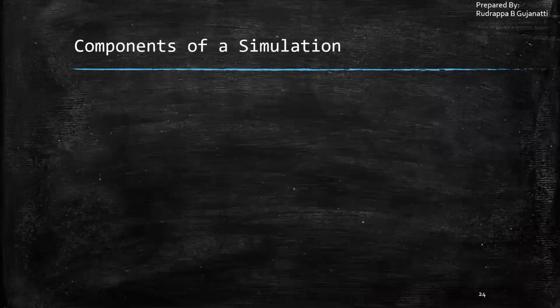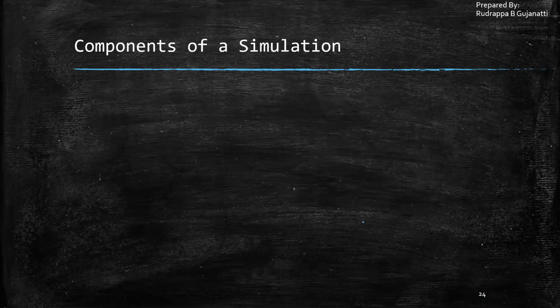So next comes what are the components of a simulation. Whenever we have to go ahead with the simulation, simulation is nothing but you are mimicking a few of the things. Say for example, you are building an adder in a logic design lab or digital electronics lab, right? You rig up the circuit, you give the input and you test it.